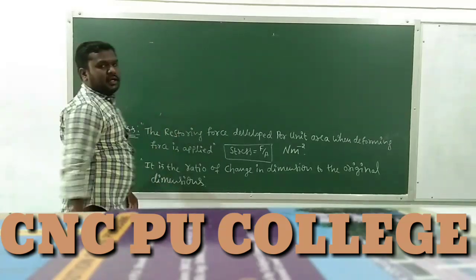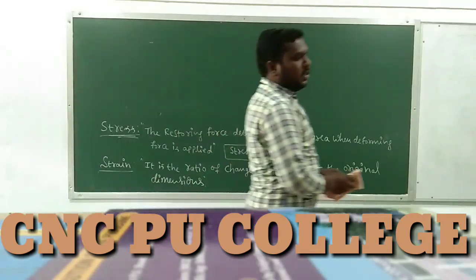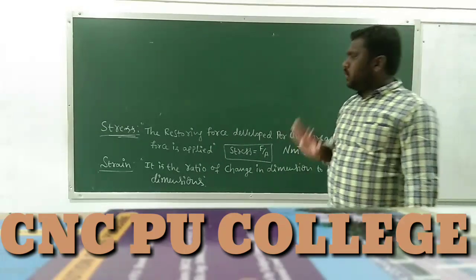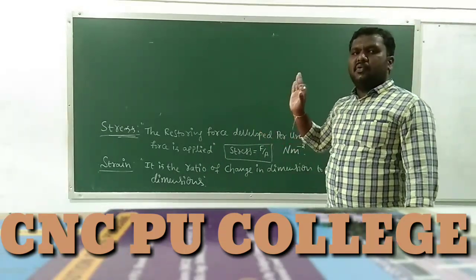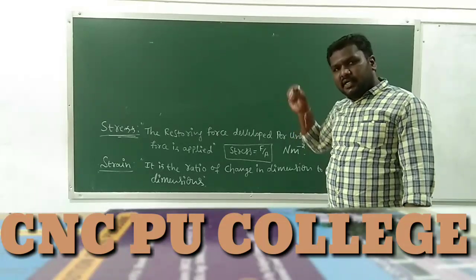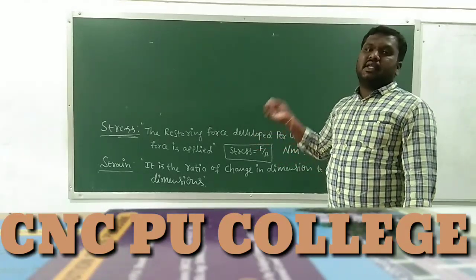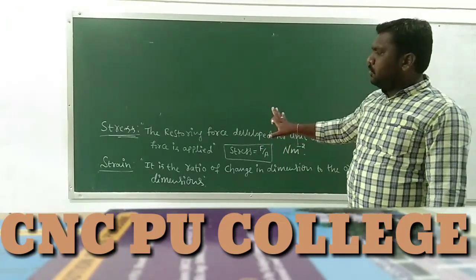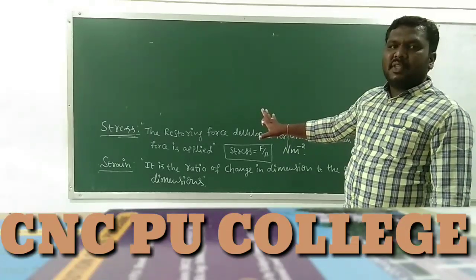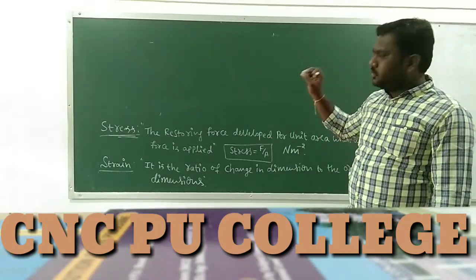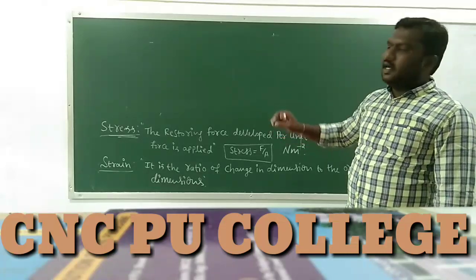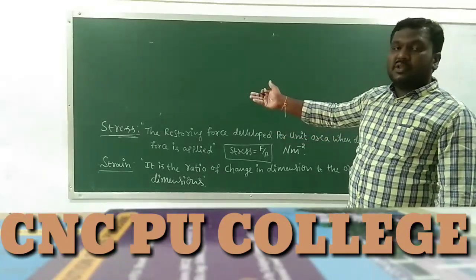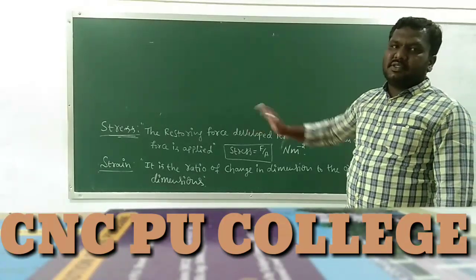The things will be clear when we discuss in detail in the classroom. Nothing to worry about. We are going to learn stress and strain in depth, the types of stress and the types of strain. Just now, please remember the definitions. What is stress and what is strain? And let us just focus on the relation between the stress and the strain.